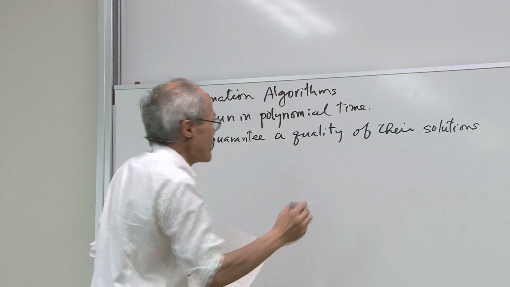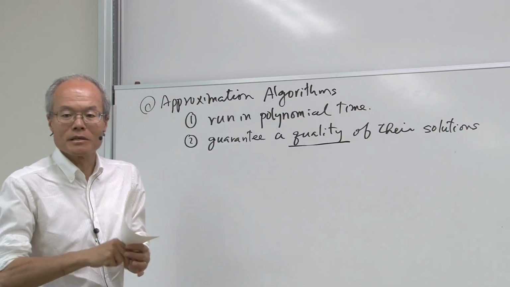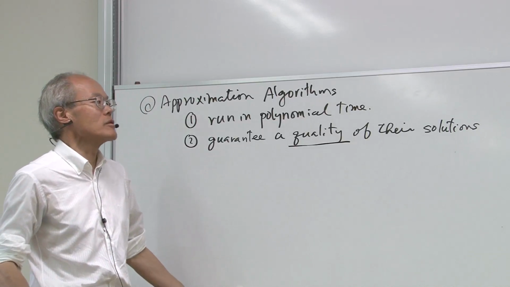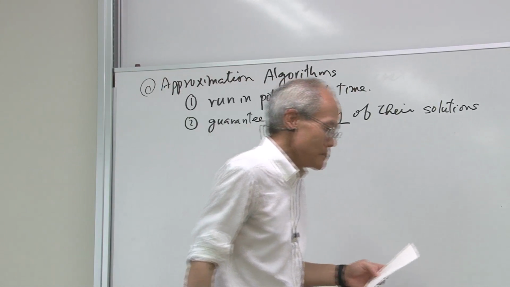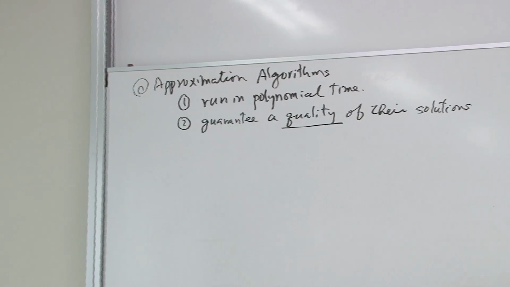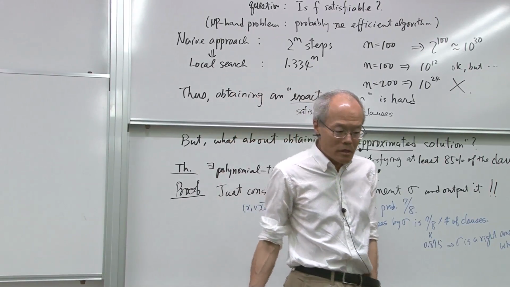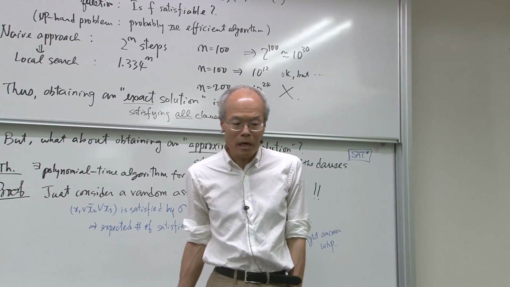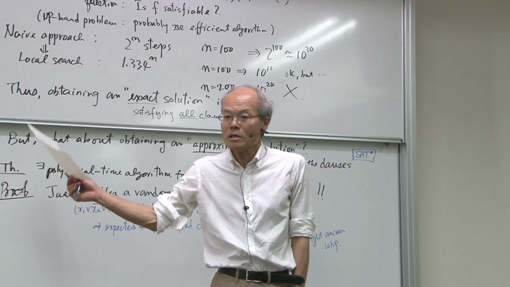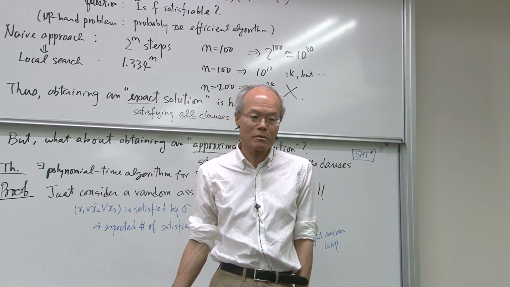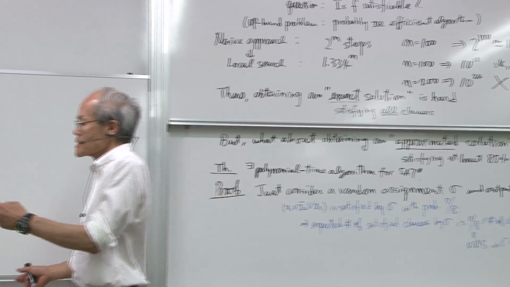Okay. So of course, we need some measure for the quality of solutions. Actually, we did the same thing for online algorithms. In the case of online algorithms, the quality is given as a competitive ratio, right? Okay. Now we introduce almost the same thing.